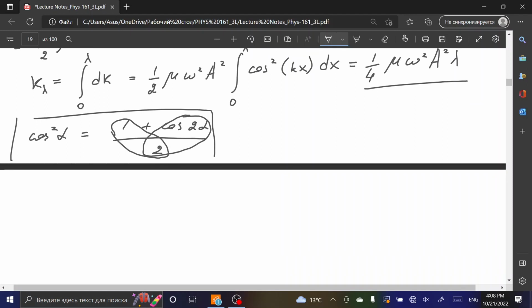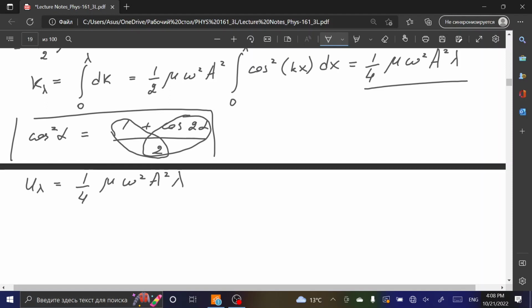If we consider the potential energy per wavelength in a similar way, we get the same equation: 1/4 mu omega squared A squared lambda.